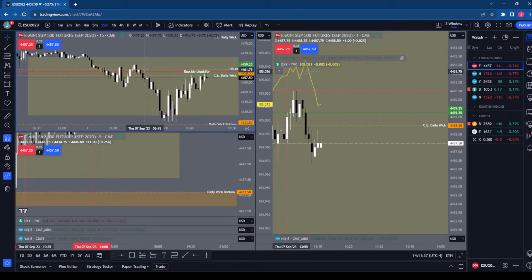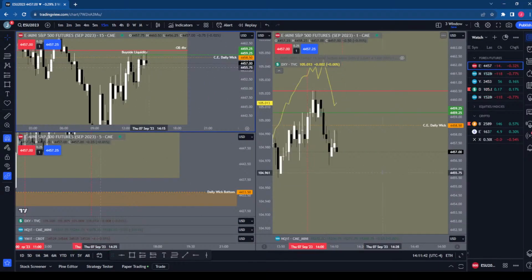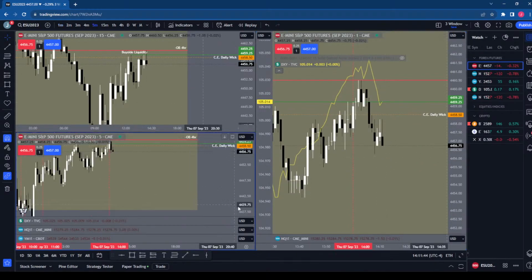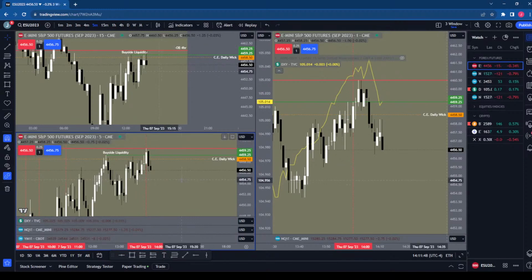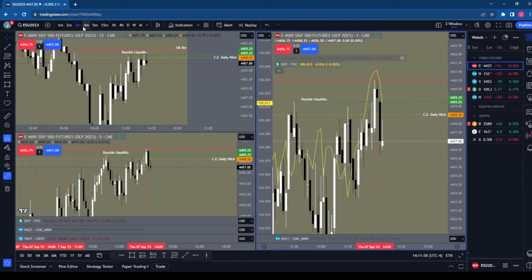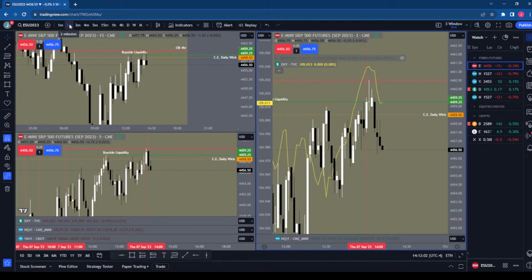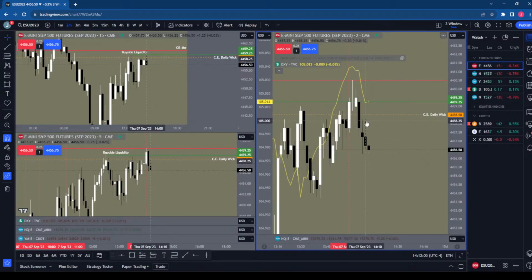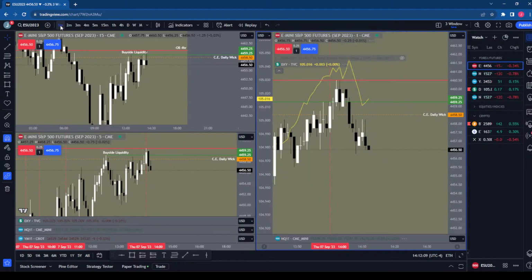Let's go back down to 15 minute. Okay, so we're starting to get some downward price action. We haven't yet had anything that could be, this could be considered an institutional order flow entry drill for a silver bullet.